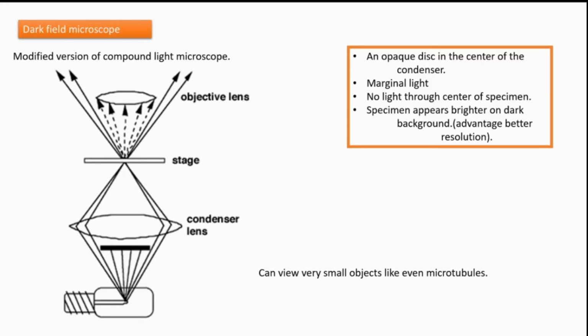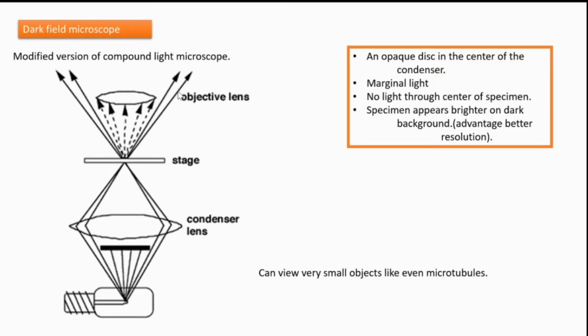Understand? So here no light is passing through the central portion of the specimen. Instead, light only covers its margin. So we can say that only marginal light is passing to the objective lens.